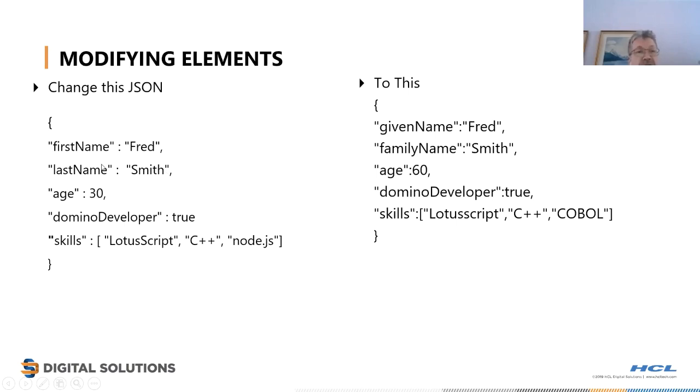In the first two elements, I want to change the first name and last name to something a little more generic, a given name and family name, and then make the age a little more accurate given the person's job history. And finally, let's see, was there anything else I want to change? Oh, I wanted to change one of their skills to something else. So let's just go back and see how that's done.